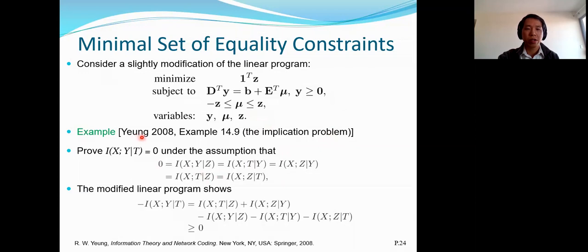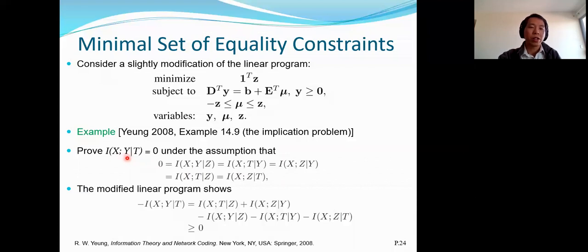Now let me demonstrate the application through an example which is copied from Yeung's book. This is called the implication problem. In this example, we want to prove that the conditional mutual information between X and Y given T is equal to 0 under these assumptions. First of all, we notice that this quantity is always non-negative.